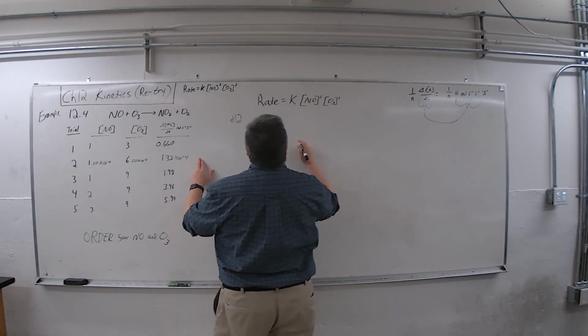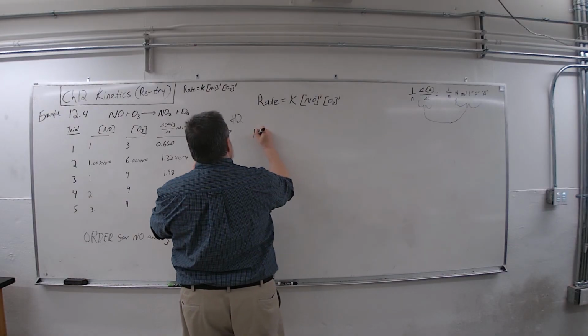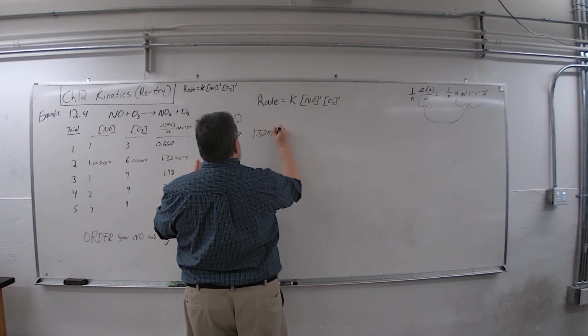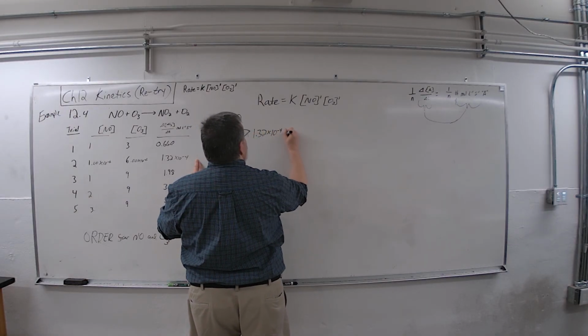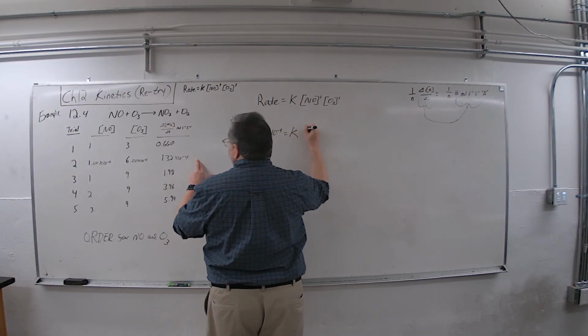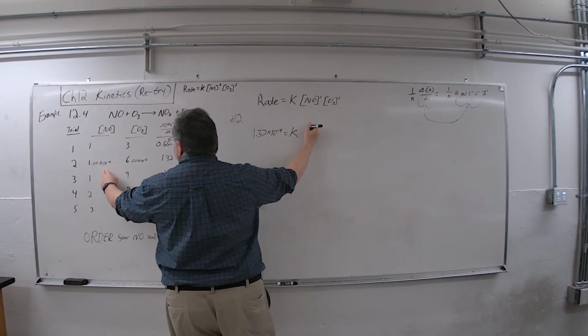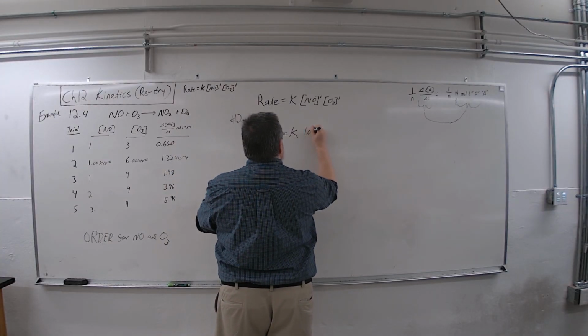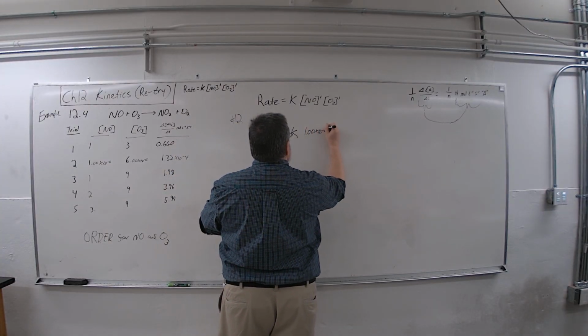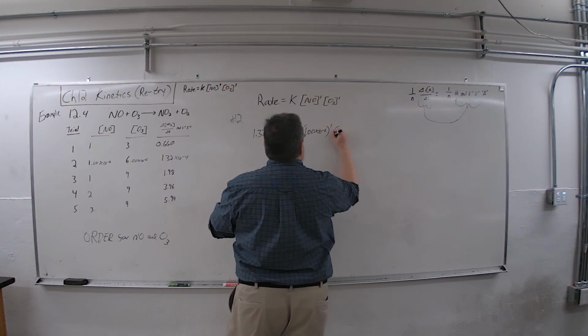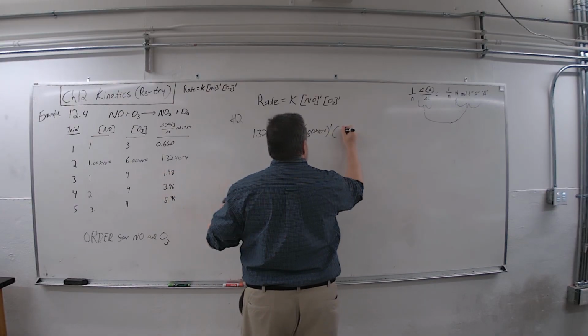So using number 2, the rate is 1.32 times 10 to the -4 equals K times this concentration to the first power times this concentration to the first power.